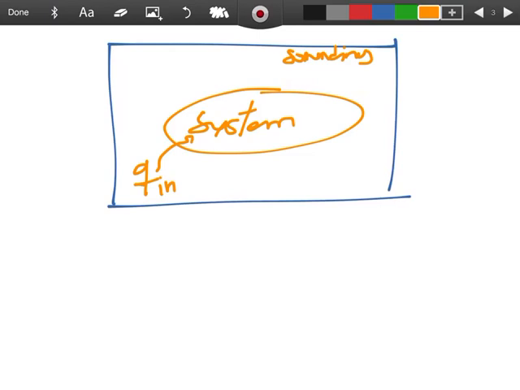Or the other way around, the system can release heat out to the surroundings. In the same way I can have also what? Work that comes from the surroundings, and I can apply this on the system, or the system can apply work to the surroundings. So it's going to be work applied by the system to the surroundings.